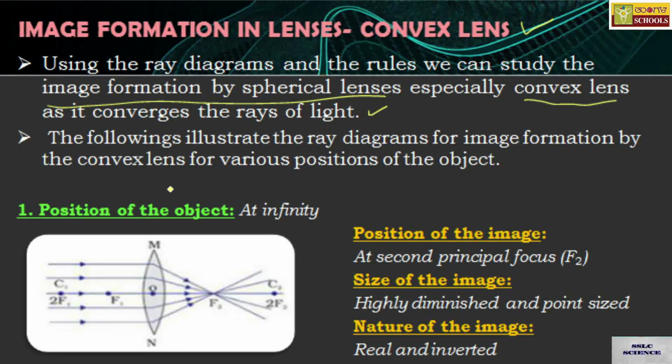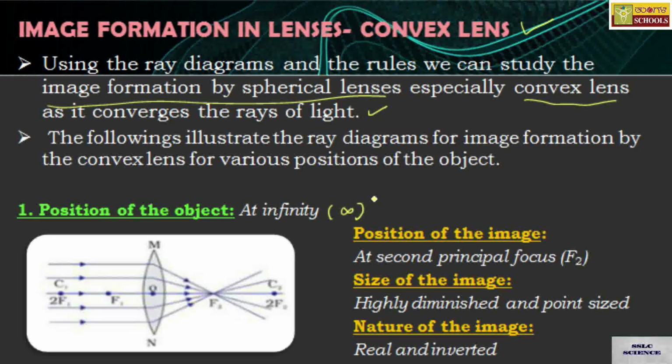First one, position of the object at infinity. As we already know, infinity is the point which is out of the table. It may be a window of the laboratory, a tree outside, a road or a building, anything that is out of the experimental table.